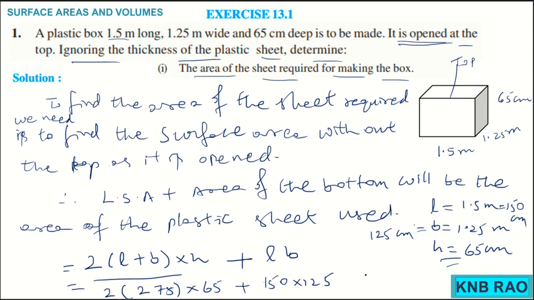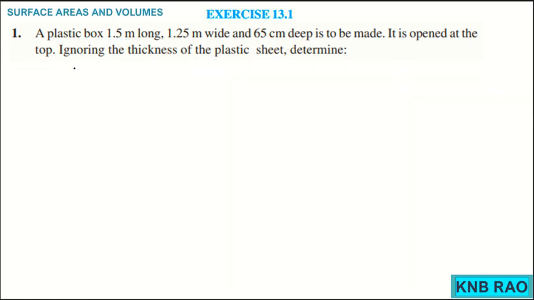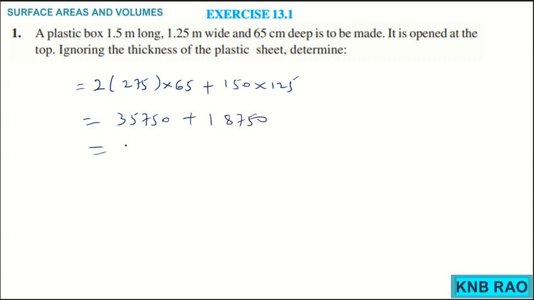2 into 275 into 65 plus 150 into 125, we are calculating. So, 2 into 275 into 65 becomes 35,750, plus 150 into 125 becomes 18,750, and the sum of this is 54,500 centimeter square.